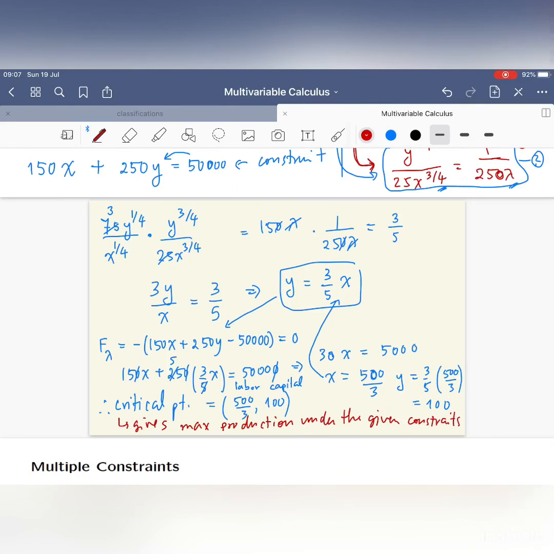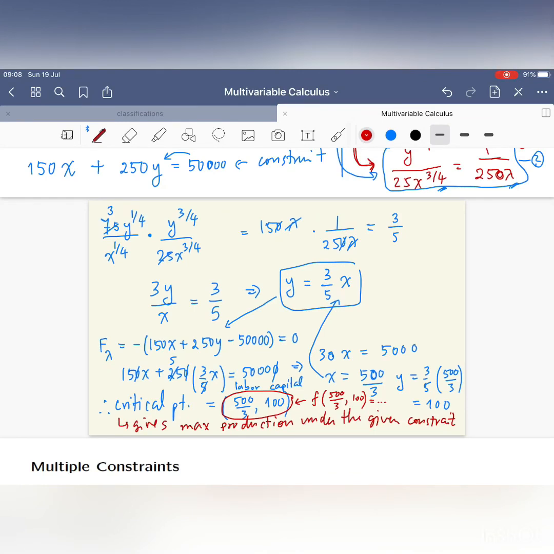And if you want to find what your maximum production is, then you are going to plug this one into your small f, right? And then you may use your calculator to find your maximum output or your maximum production.